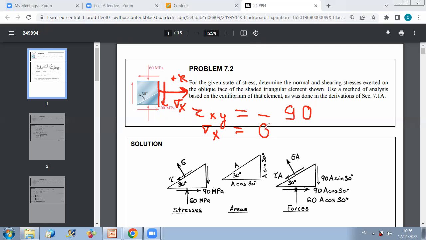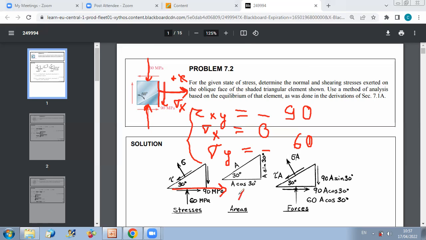And you have that sigma y, because as you can see here, it's causing compression on the face, so sigma y is minus 60 megapascal. So if you want to use the formulas developed in the course material to find sigma x prime, tau x prime y prime, and sigma y prime, you should use these values for sigma x, sigma y, tau xy, and you will use an angle because we rotated from x.